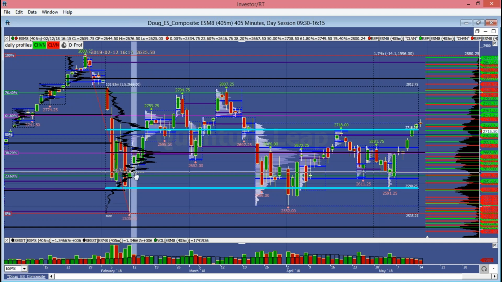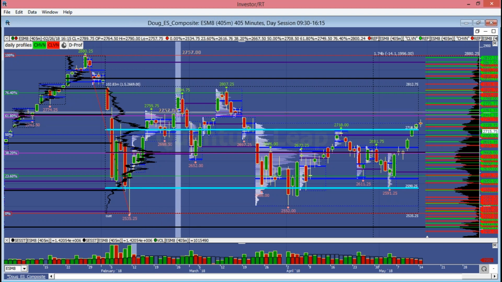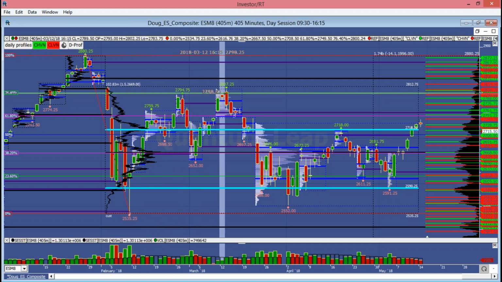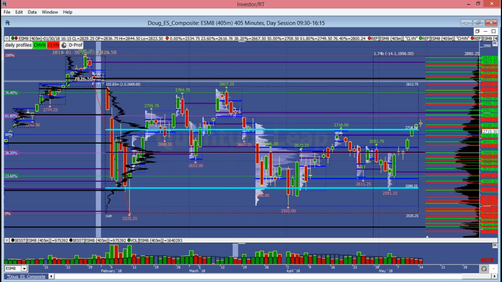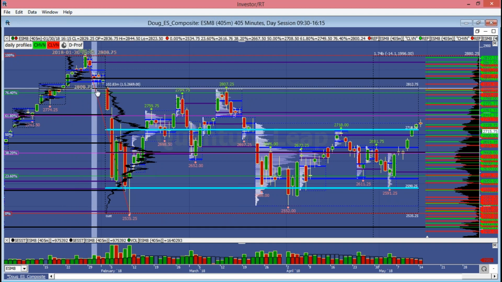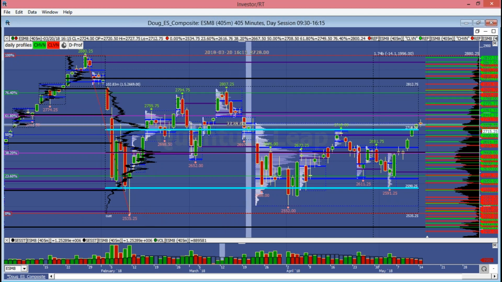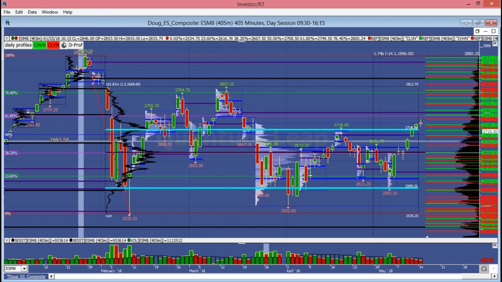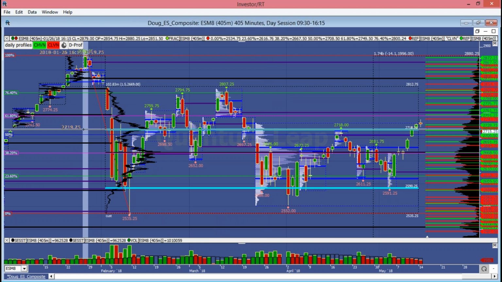We find our buyers, we come back in, we try to break out, and we failed to hold the 2800. We did come back up here to an area of price acceptance at the 2807. And then we fall back into this value area. This value area is huge.